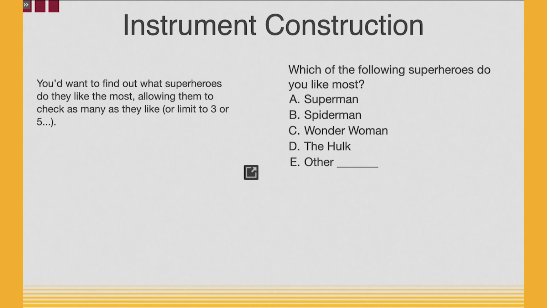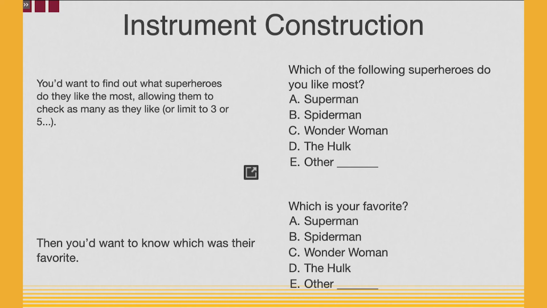And of course, the last option would be other, and let them fill it in. And then I would ask, which one is your favorite, and give basically the same answer options as the previous question, but on this one they would only be able to choose one. And again, I would end that with the other answer option.